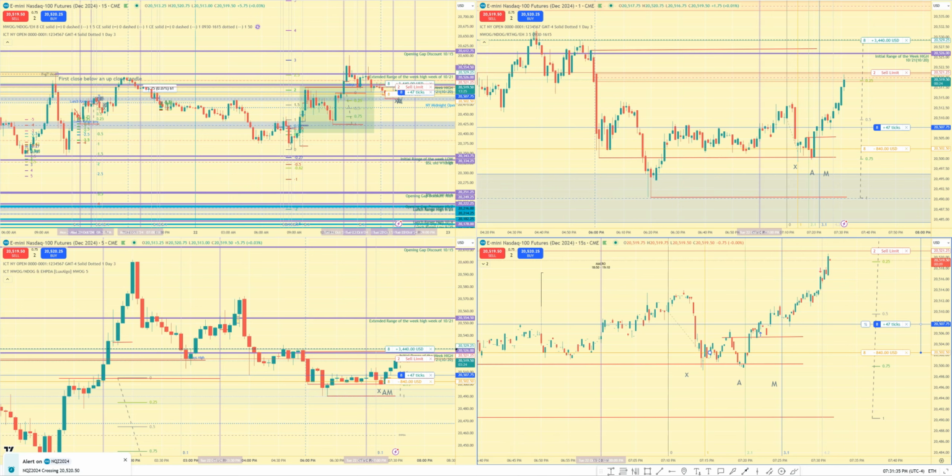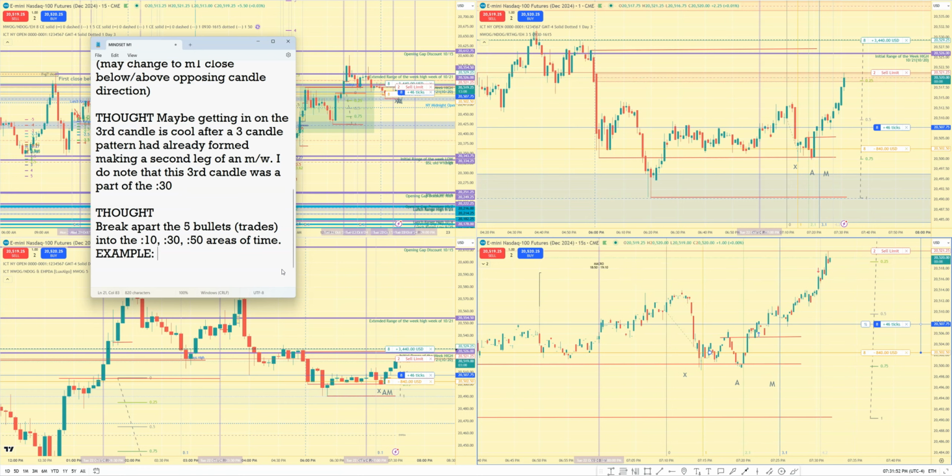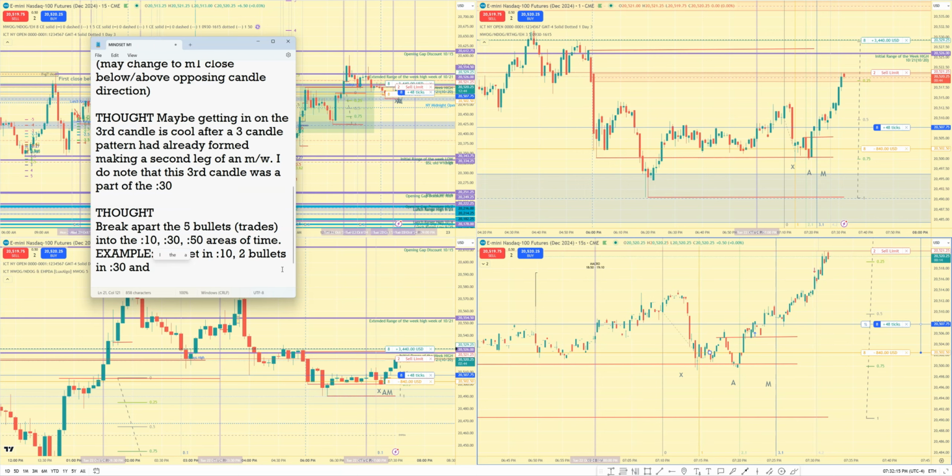Nice. Yeah, so one bullet in 10, because 10 is hardly the time where price really moves. 2 bullets in 30, and that's 3, 4, 5, and 2 bullets in 50.